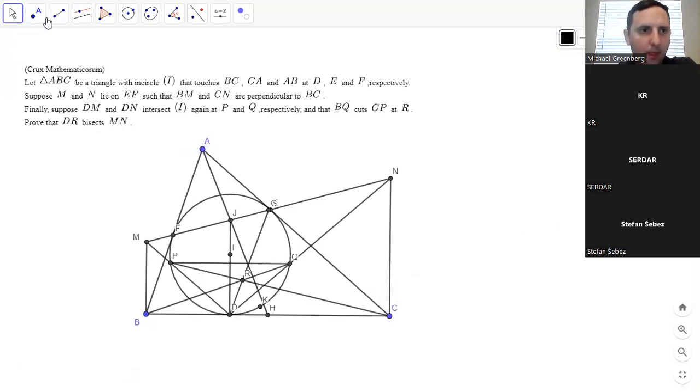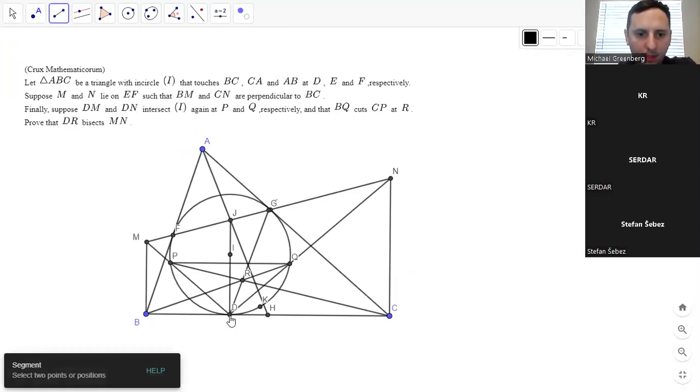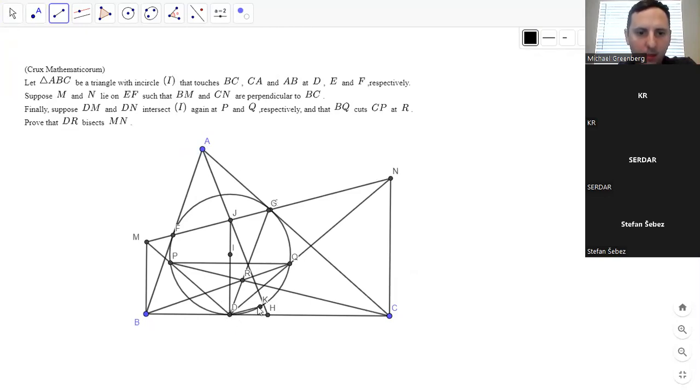I think it had something to do with the intersection of CM and BN. I think that intersection lies on DI. Interesting.